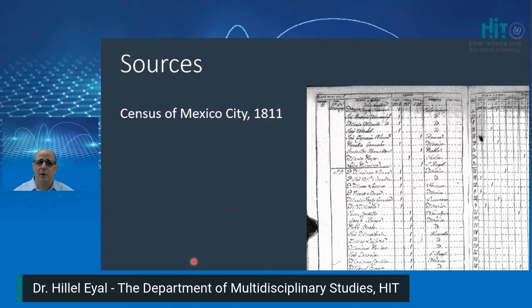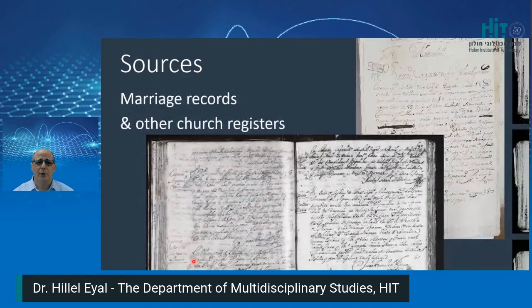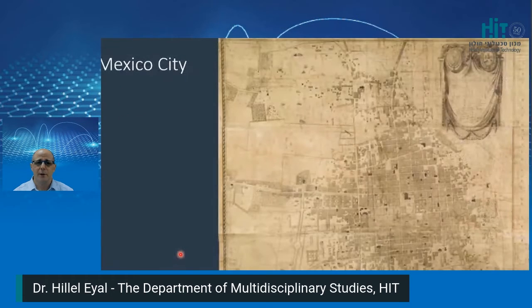Okay, here's an example of a page from the census of Mexico City, on which I'm going to focus now. And here are several examples of marriage records from different places in Spanish America. Now let's talk about Mexico City.